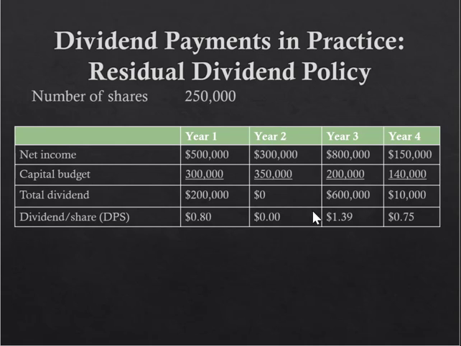So let's take a look. Number of shares, 250,000. We have net income of 500,000 year 1, 200,000 year 2, 800,000 year 3, and 150,000 year 4. So we subtract out the capital budget, and we say, okay, what's the capital budget? 300,000, 350,000, 200,000, 140,000.